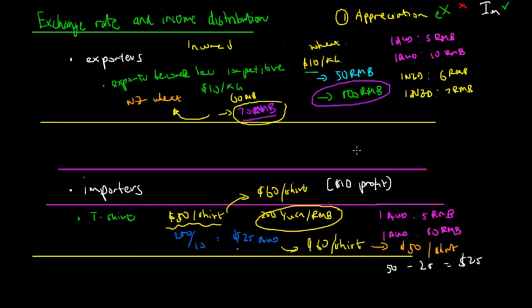Now we can apply the same analysis to a depreciation of the Australian dollar. We're not going to go into so much depth, but we're going to see that when the Australian dollar depreciates, so we're going to put number 2 here, depreciation, exports become more competitive.